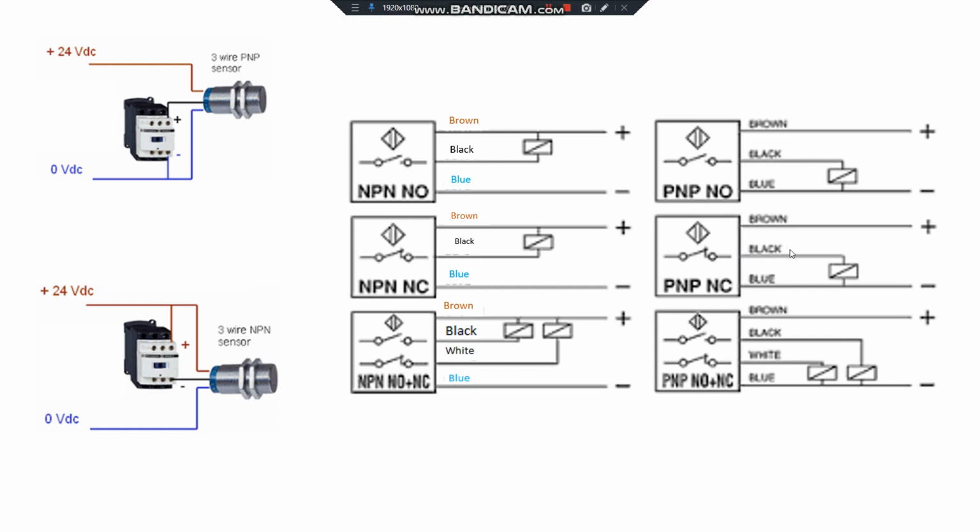The conditions are the same, just different. The PNP sensor sends 24 for black or white. In the NPN sensors, the sensor sends 0 volt for black, 0 volt for white. Also 24 for PNP: 24 for black, 24 volt also for white.